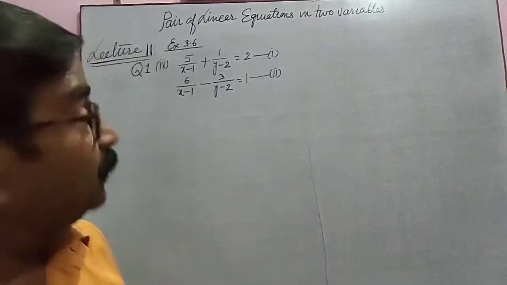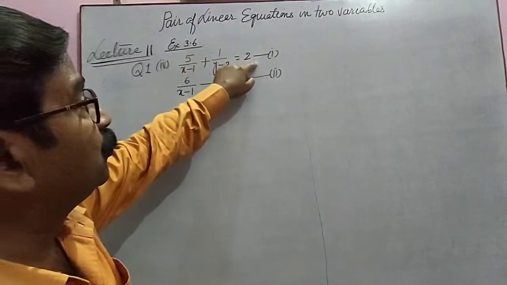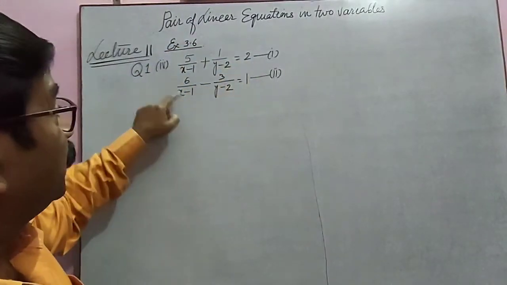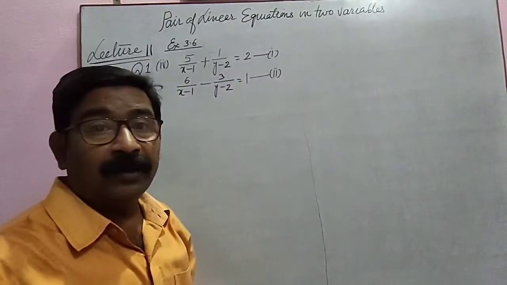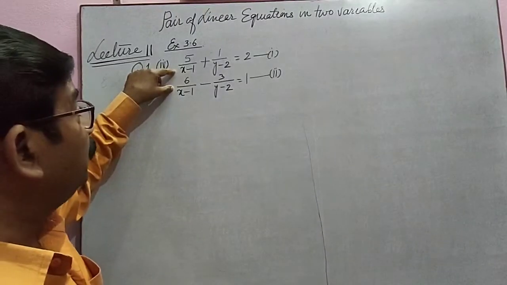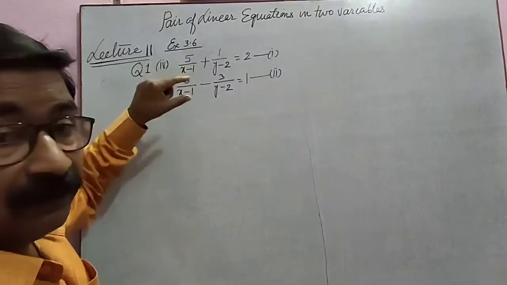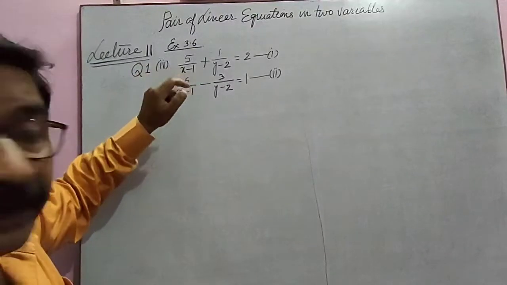Fourth part I am trying. See, 5 upon x minus 1 plus 1 upon y minus 2 is equal to 2. Here 6 upon x minus 1 minus 3 upon y minus 2 is equal to 1. What I told, whenever variables are given in fraction, we have to see whether the variables are same or not. So is it same? Yes, of course.